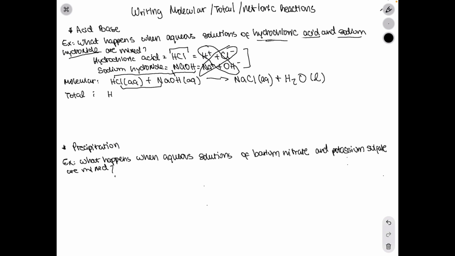So it's H plus aqueous plus Cl minus aqueous, plus Na plus aqueous plus OH minus aqueous, yields Na plus aqueous plus Cl minus aqueous plus H2O. Water does not dissociate, so it's liquid.